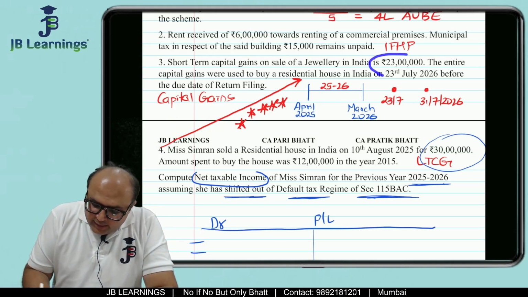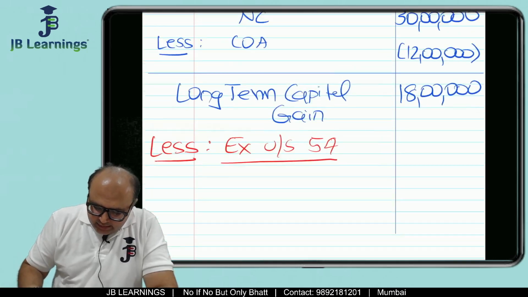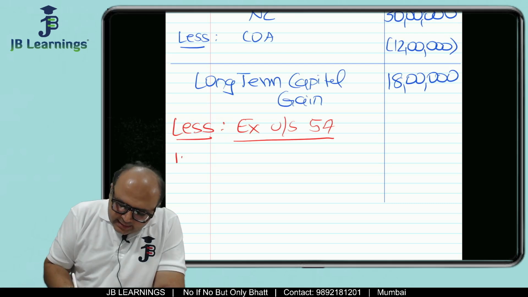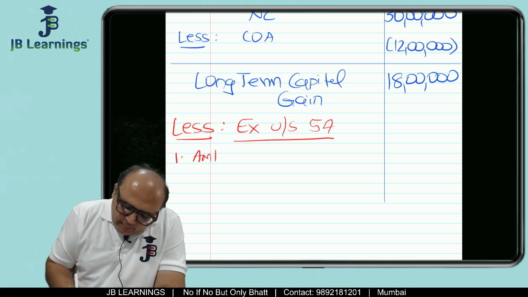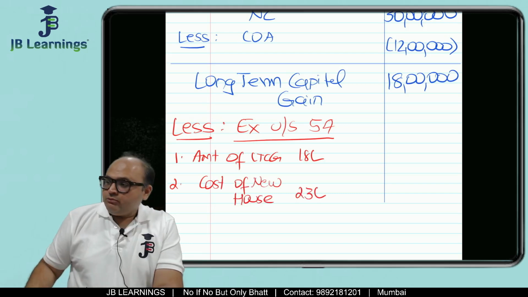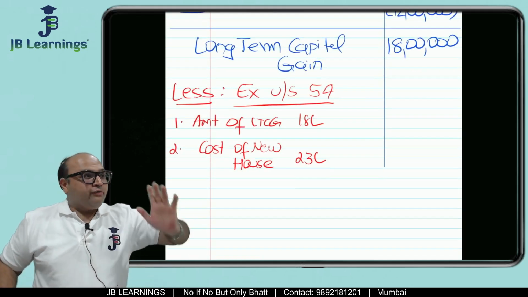So friends, this 23 lakh rupees would be used to exempt this residential house. So what you are supposed to do is, long term capital gain 18 lakhs. So the amount of capital gain, which is your long term capital gain, is 18 lakhs. Cost of new house: the new house has been purchased for 23 lakhs. Now there are some students who argue, sir, but this 23 lakh was earned from jewelry.